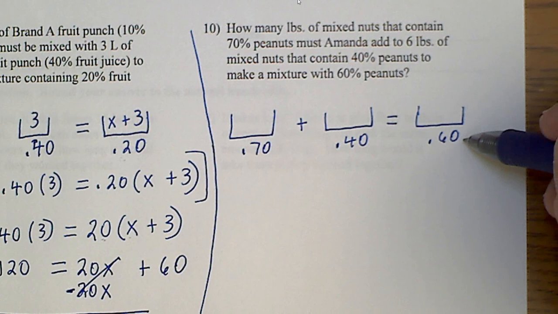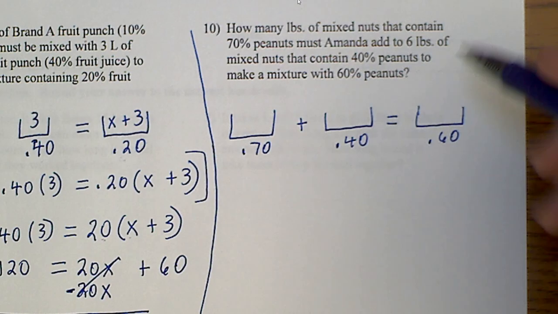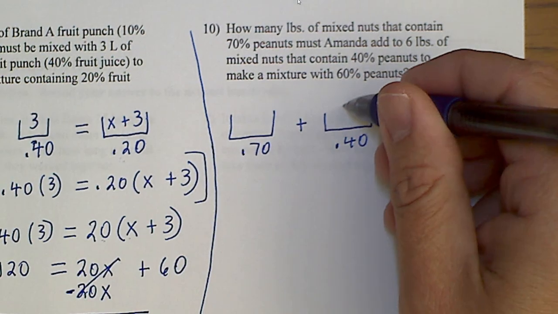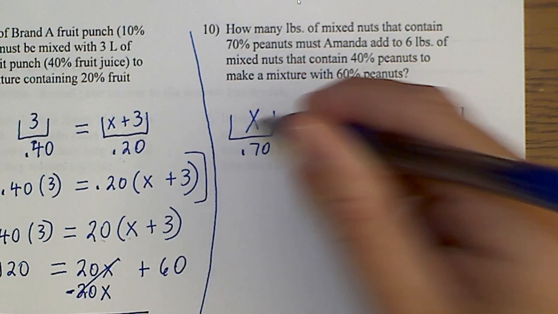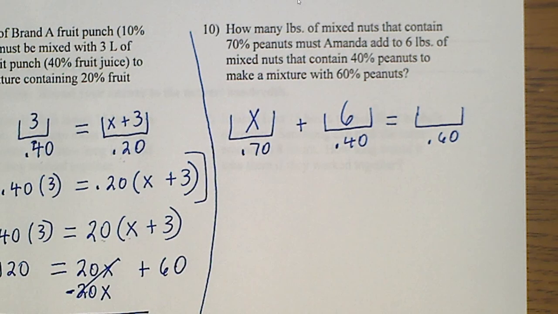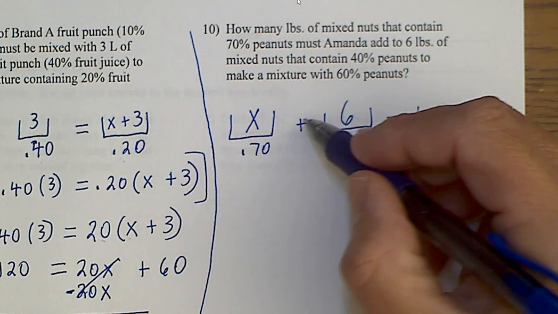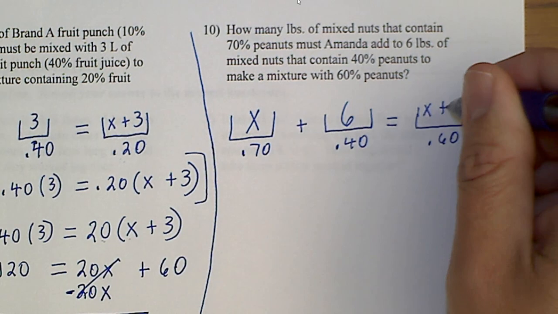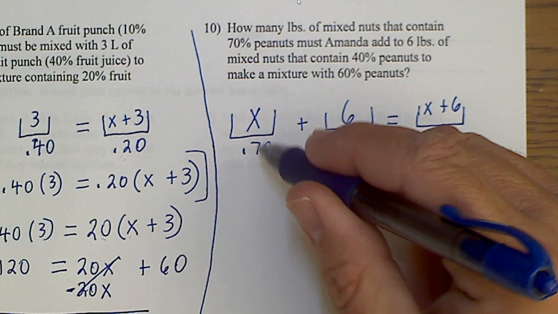So again, we know we're putting 6 pounds into the container that's 40% peanuts. So 6 goes in there, and we're trying to figure out how many is going at 70%, because that's what they're asking. So we know the total amount will be the x plus the 6.